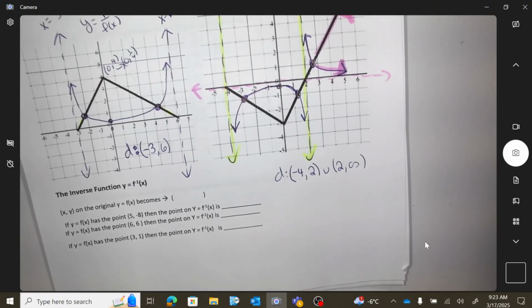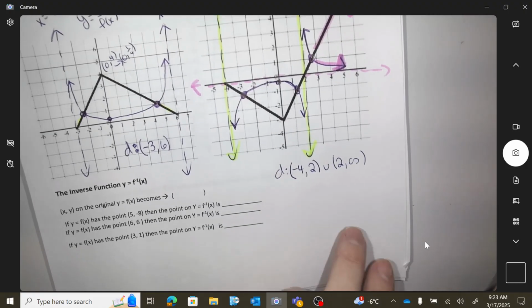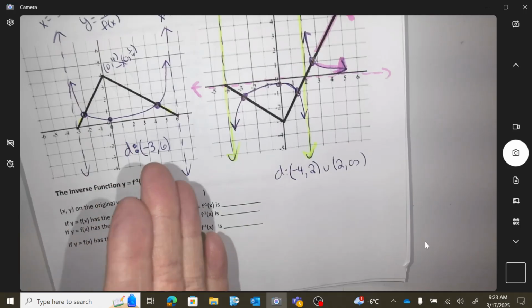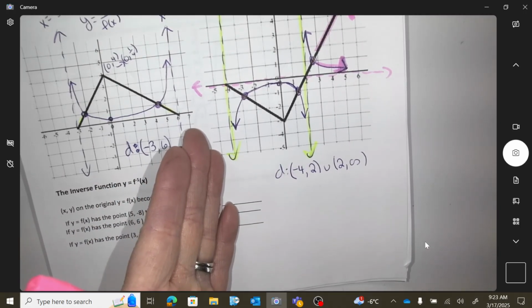And then what can we do after 2? Infinity. I am going to show you a different way to write this. You could say you go from -4 to infinity, but skip over.